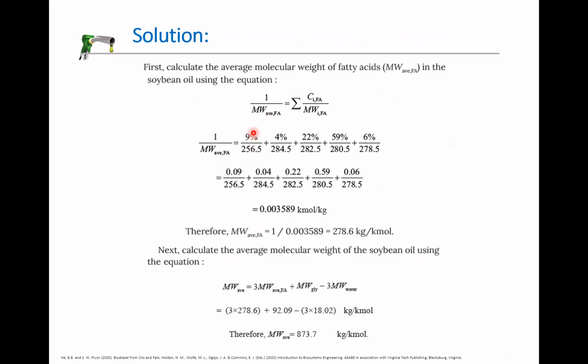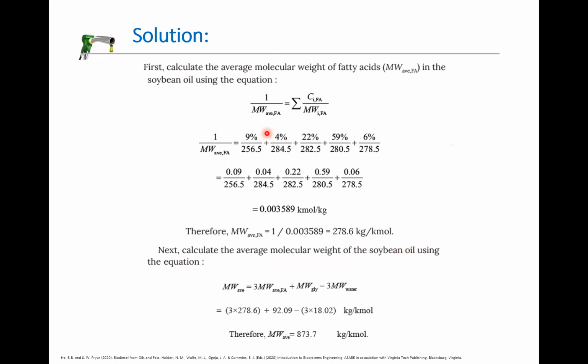So we divide 9% by the molecular weight of this fatty acid, plus 4% divided by its molecular weight, plus 22% divided by its molecular weight, and so on. You get this kind of value, and therefore the average molecular weight of the fatty acids is 278.6.